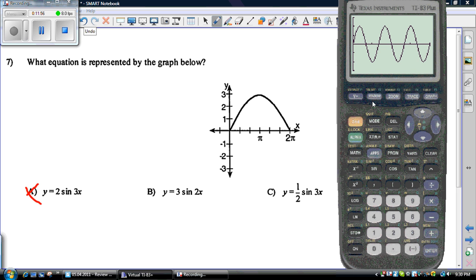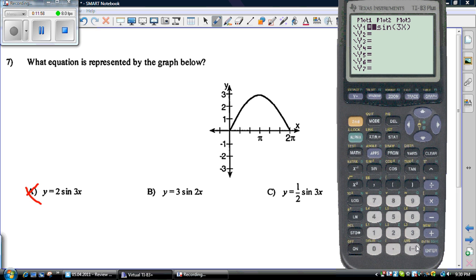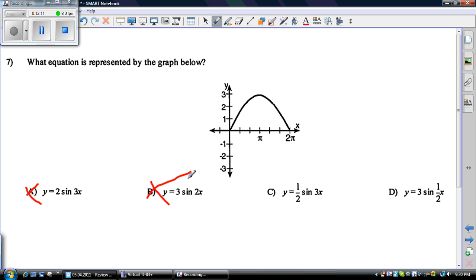Let's see, 3 sine 2x. Oh boy, not you either. A half, I can eliminate this one because that half in the front means it would only have an amplitude of a half. And this one's got an amplitude of 3.